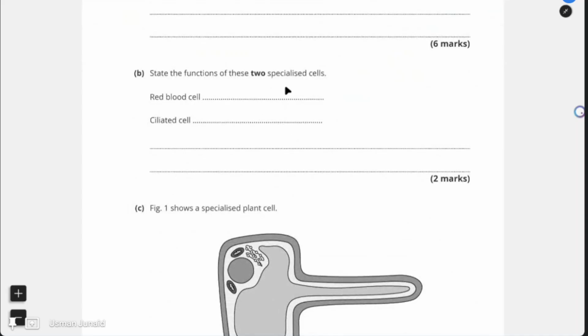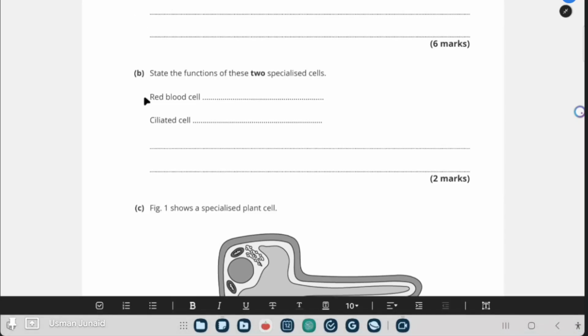State the functions of these two specialized cells. So, what does a red blood cell do? Carry blood all around the body. Yes, but what does blood do? What is the function of blood?